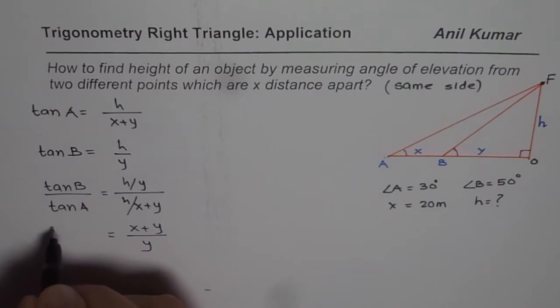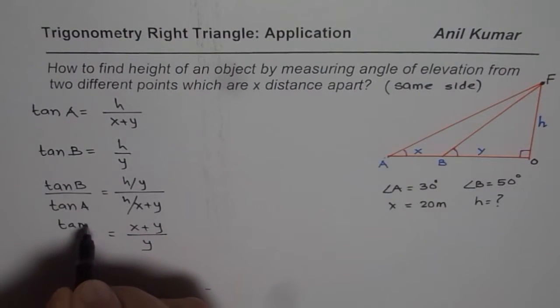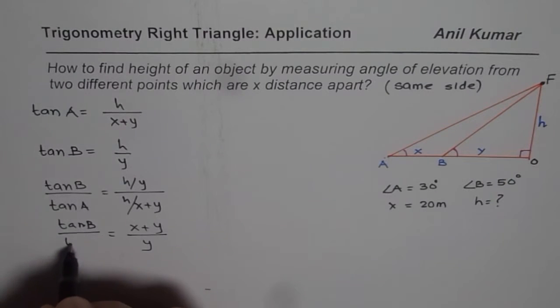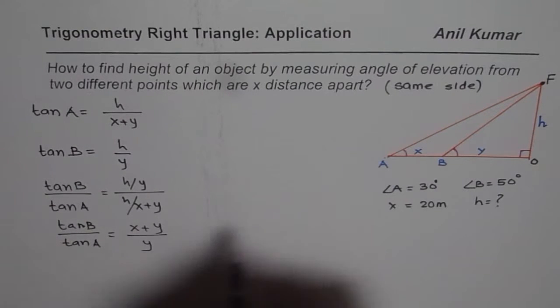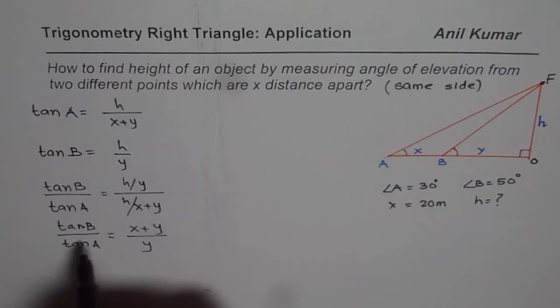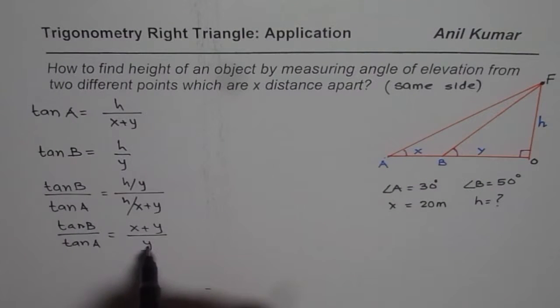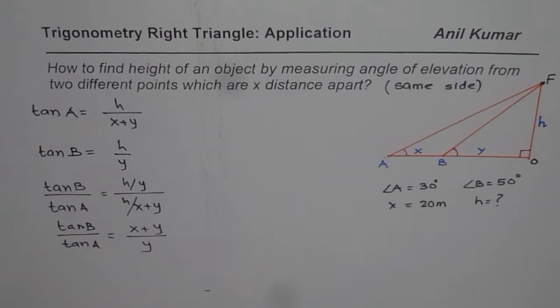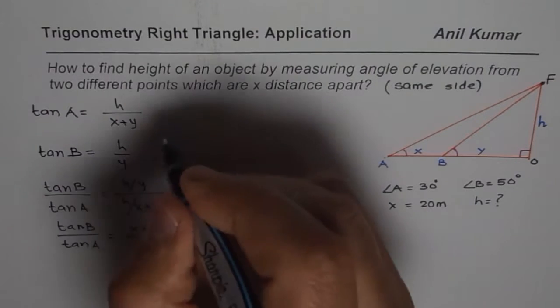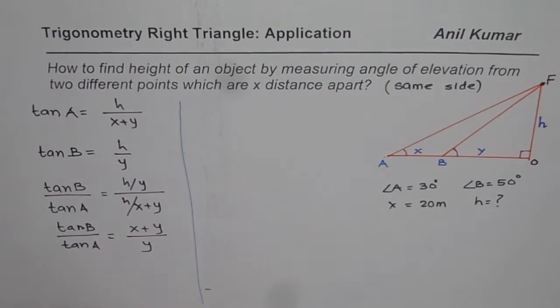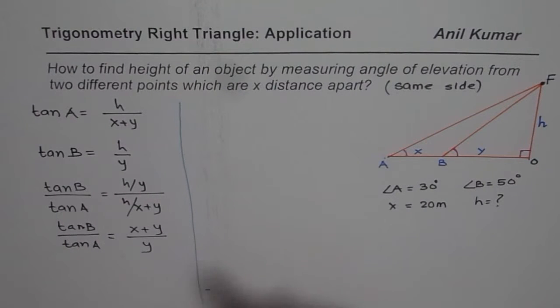So this is tan B over tan A. Now since the angles are known to us, we know this ratio. So we have an equation with x and y. From here we also know what x is, and so we can find y. Correct. So I hope that is very clear. Now we'll solve for y, get a general formula, and then from there we will move forward.